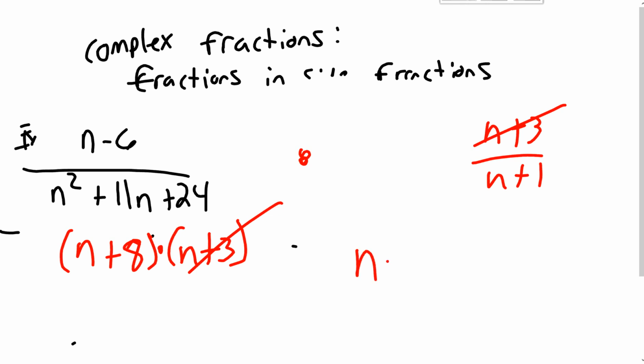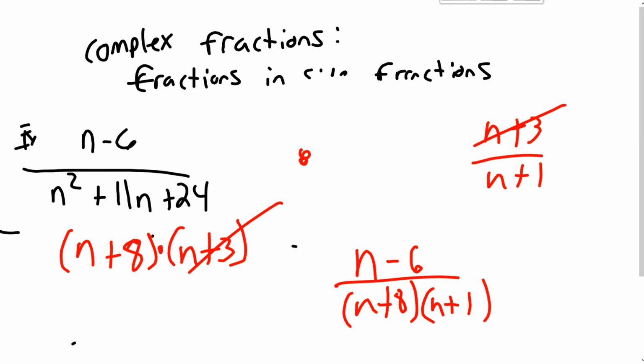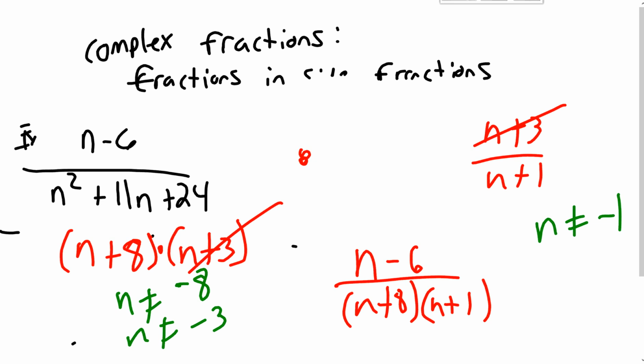So then I have n minus 6 on bottom, and an n plus 8 times an n plus 1. Label my restrictions before I canceled, so n cannot be negative 8, and n cannot be negative 3, and from this one, n cannot be negative 1. But really this one, because it canceled, is actually a hole in the graph.